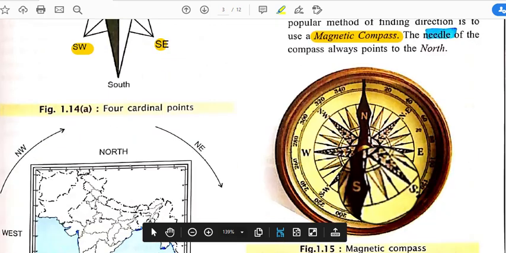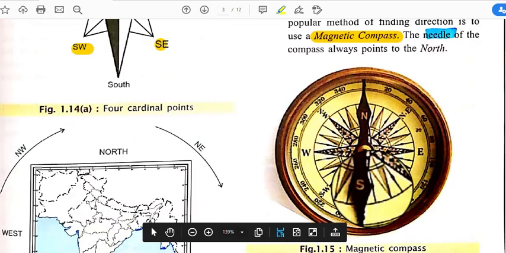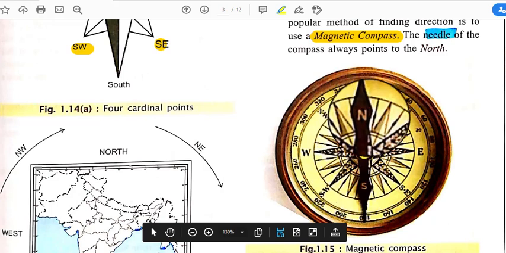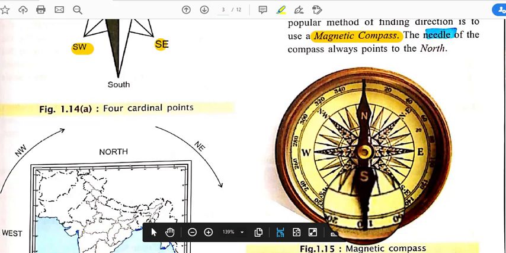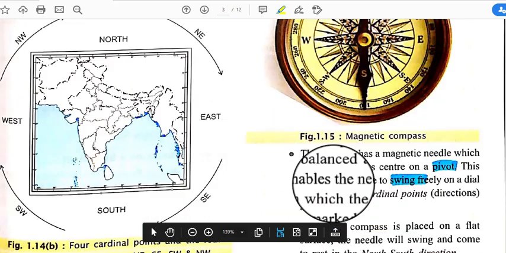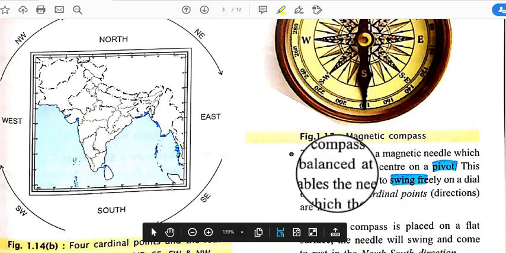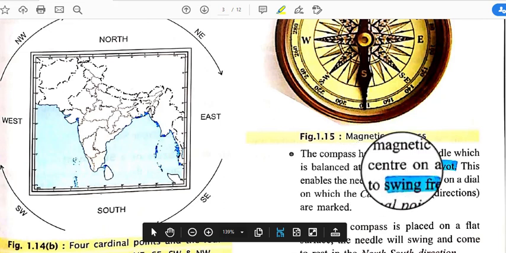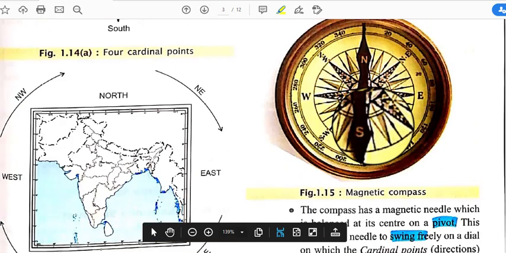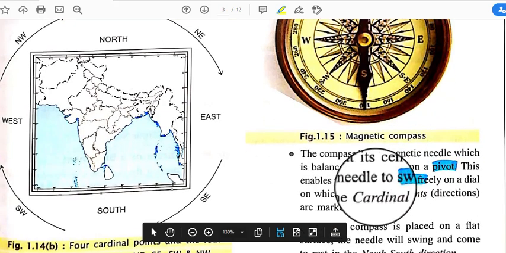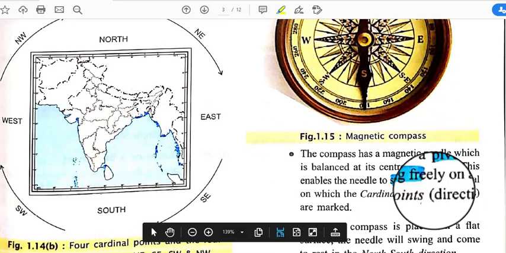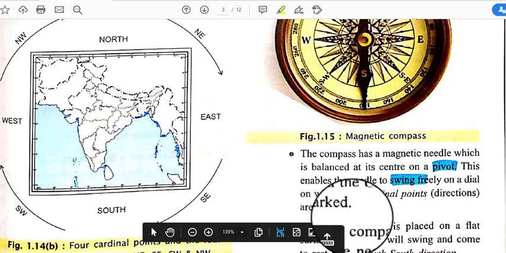So in the magnetic compass there are two sides, two needle ends, one denotes the north position, and the other denotes the southern position. The compass has a magnetic needle which is balanced at its center on a pivot, and this enables the needle to swing freely on a dial on which the cardinal points are marked.